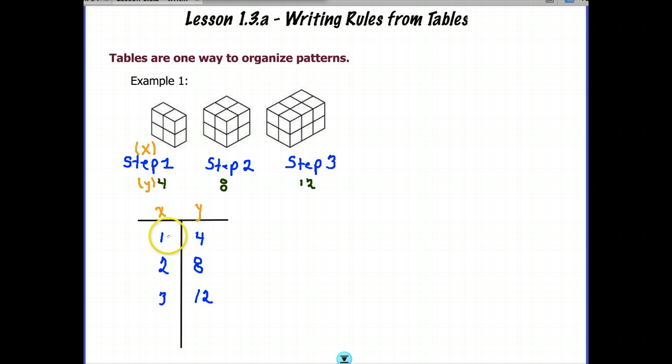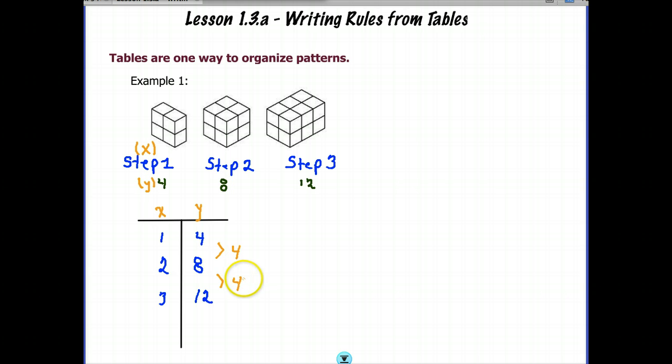Notice that each of these is sequential. Our steps go up by 1 each time. As long as we have that, then all we need to do is look at the change in the number of blocks. So let's change colors. Going from 1 to 2, we went up 4 blocks. Going from 2 to 3, we also went up 4 blocks.